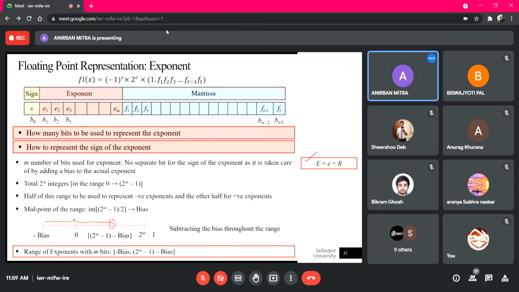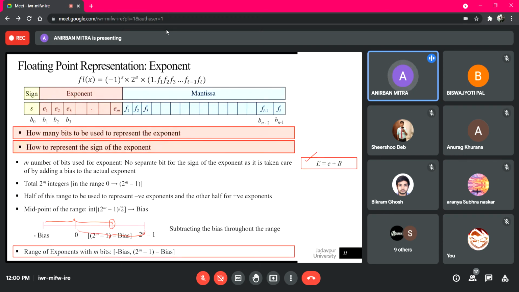But in the computer memory, which numbers are going to be stored? The numbers that are going to be stored are these numbers. As I said, there is obviously a one-to-one correspondence.